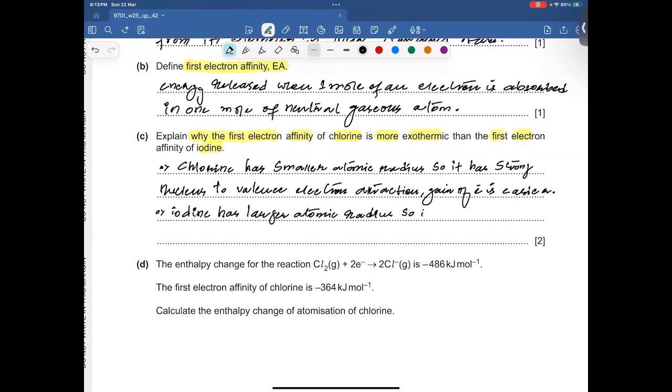So it has weak nucleus to valence electron attraction. So gain of electron is not easier. Okay.